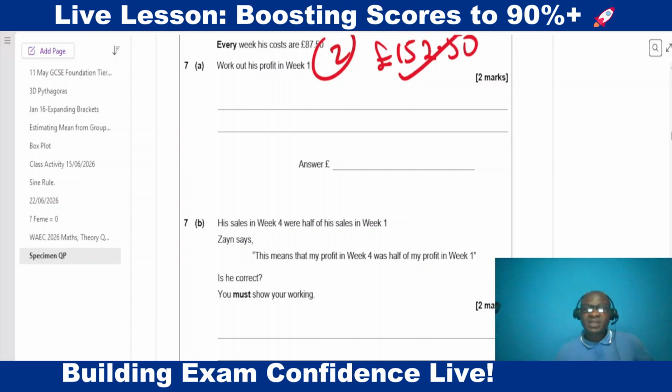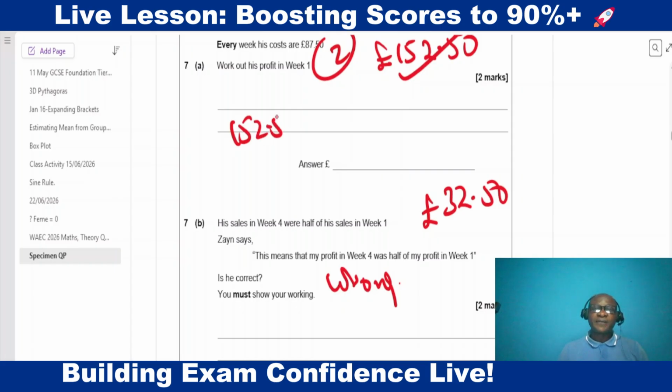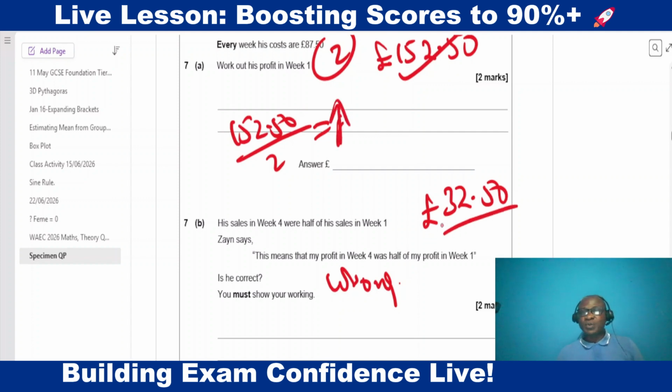No, because his week 4 profit was £32.50, and that's less than half of week 1. Week one is 152.50 divided by 2, isn't it? So the result will be greater than 32 pounds 50.